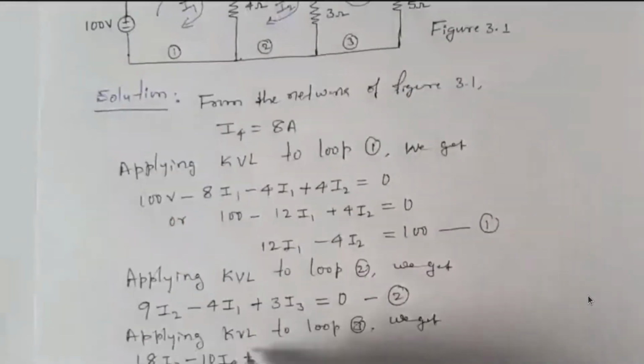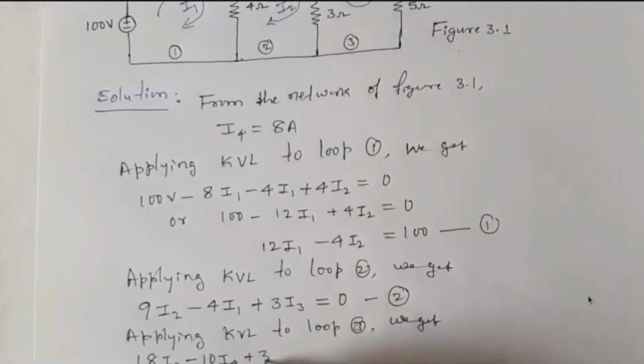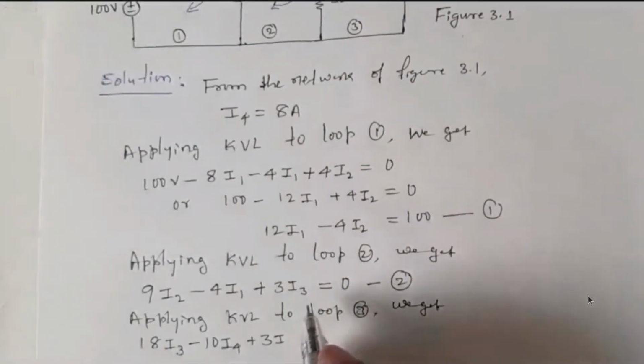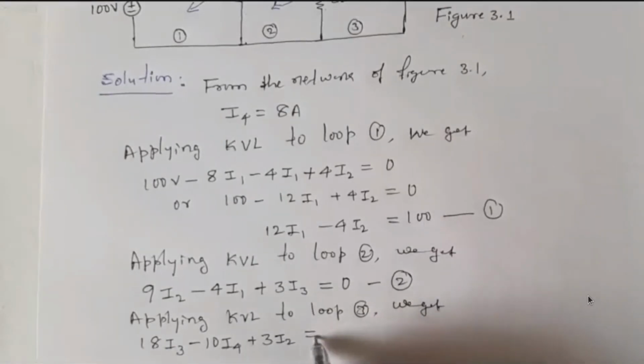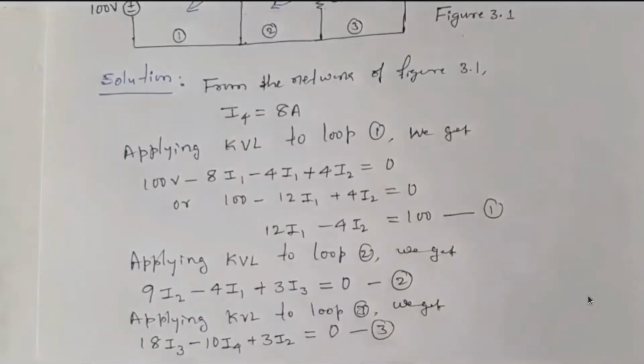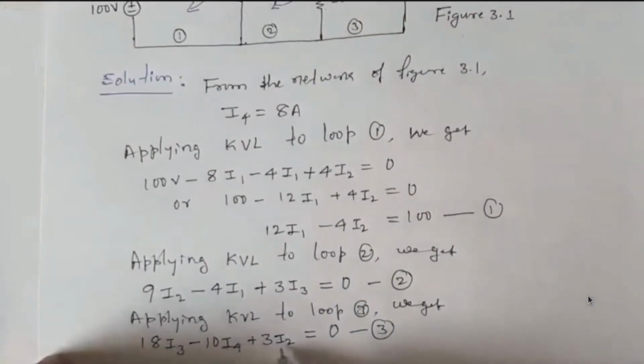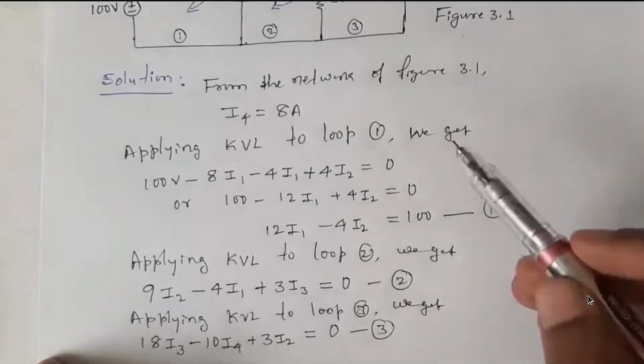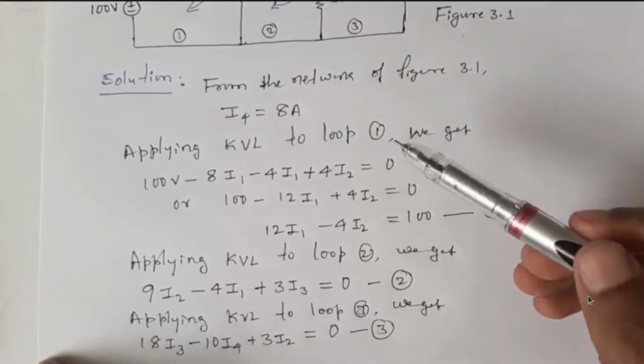Because of that, it is plus, it's not minus, it is plus 3I2, equal to, because no other sources are there, 0. Call this equation number 3. 18I3 plus 3I2 minus 10I4 is equal to 0. Now, how many equations do you have?